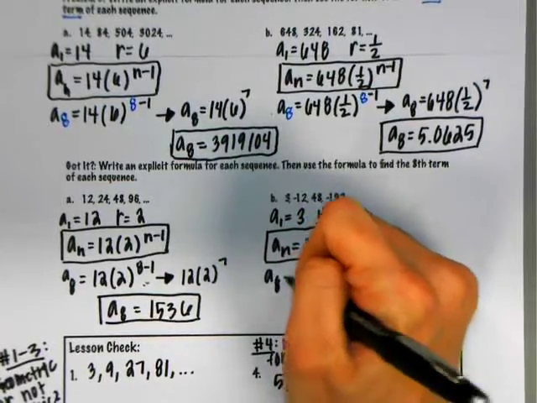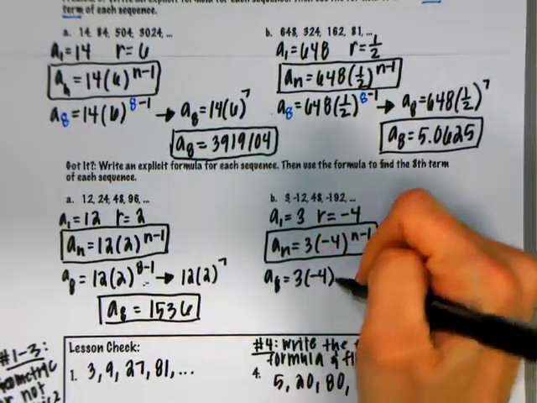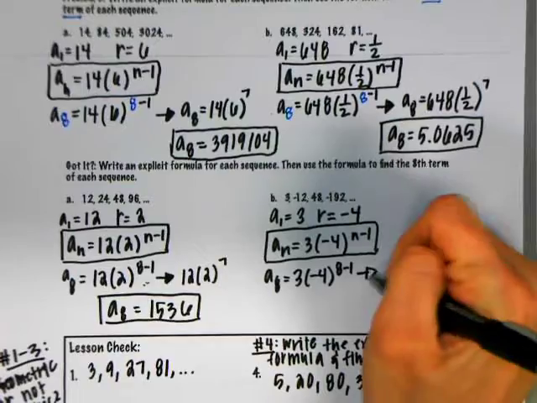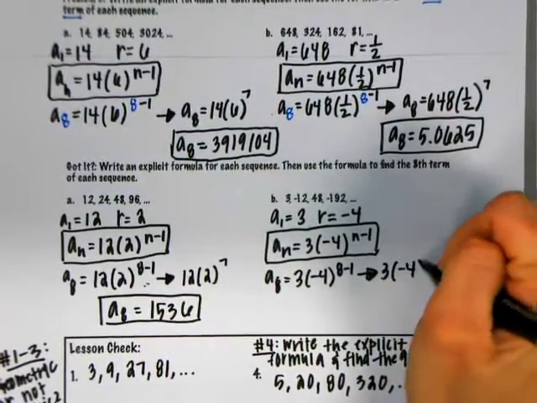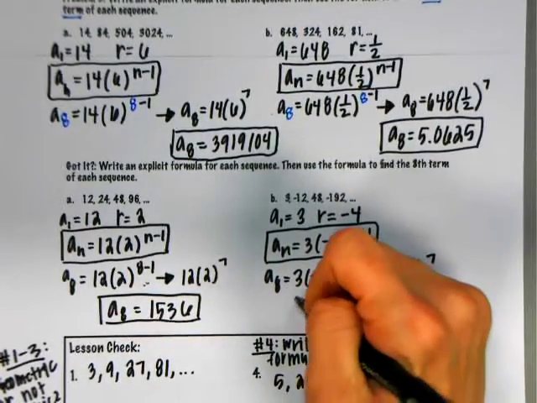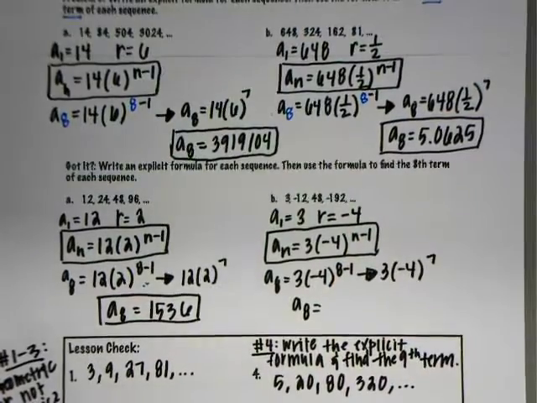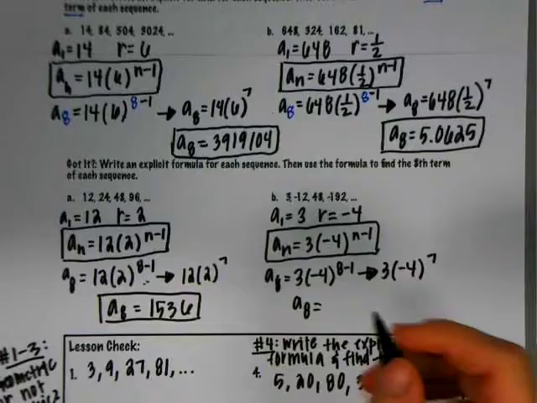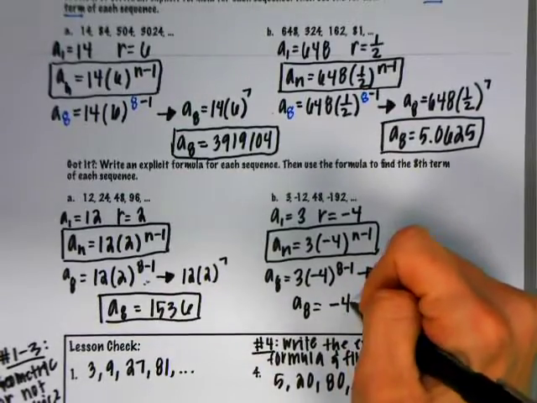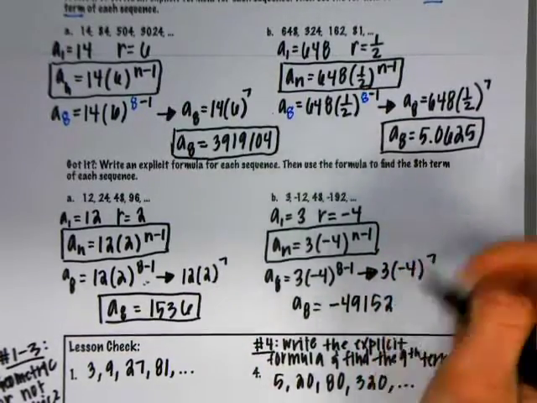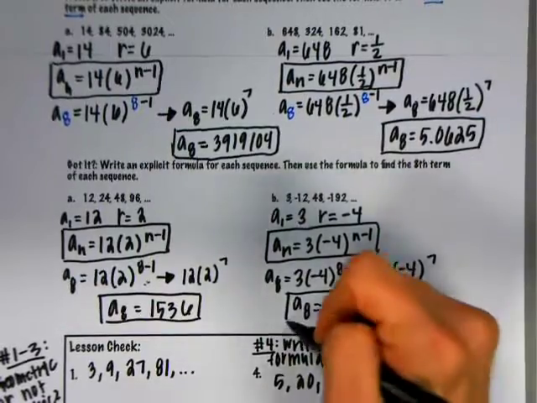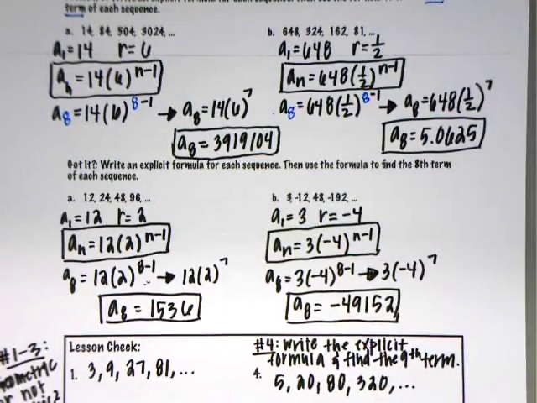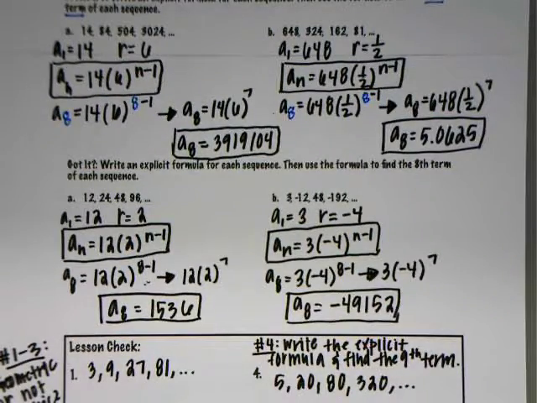Right, eighth term, 3 times negative 4 to the 8 minus 1, which is 3 times negative 4 to the 7th. So your eighth term is negative 49,152. Questions at all?